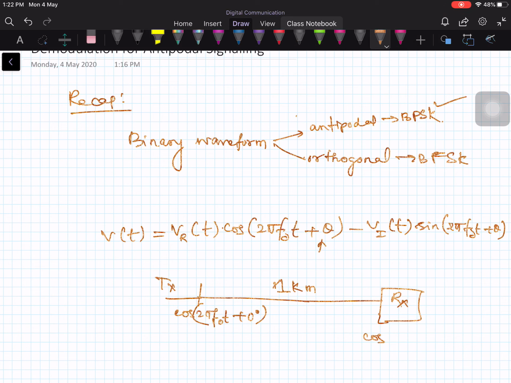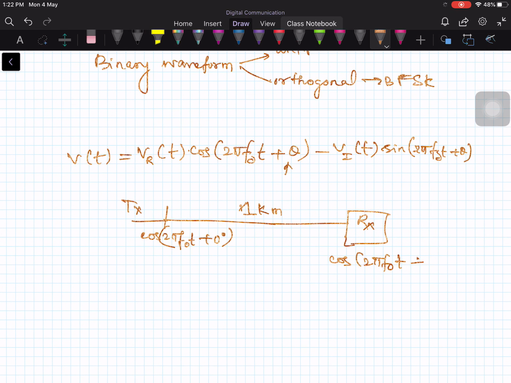So the received carrier is not going to be cos of 2 pi f naught t plus 0, it is going to be some non-zero phase shift value. The same expression you can write in terms of the envelope r of t times cosine of 2 pi f naught t, same frequency, plus phi of t plus the phase shift.